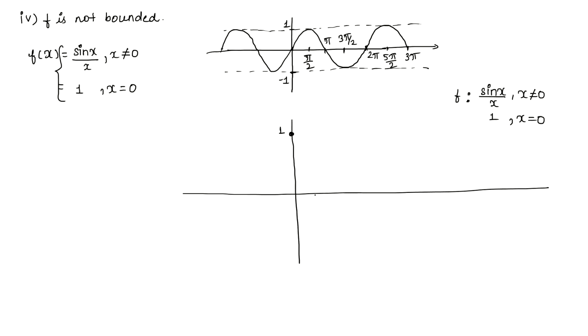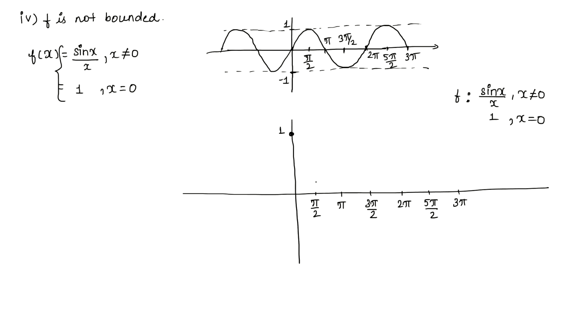So again let me put pi by 2, pi, 3 pi by 2, 2 pi, 5 pi by 2, 3 pi points here. So I have plotted these points. We know that the function will be continuous.